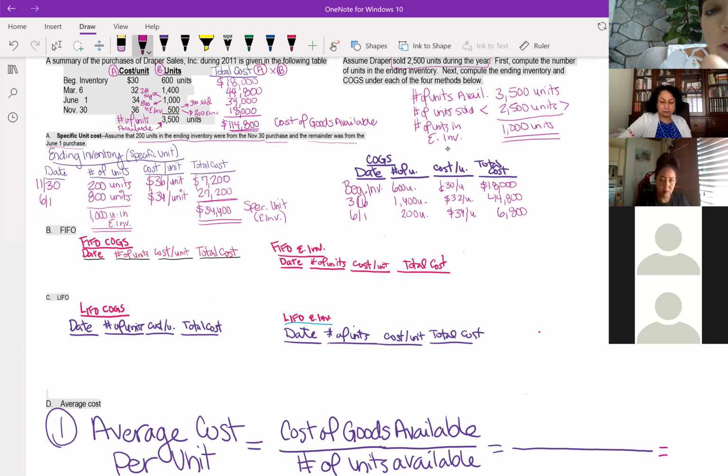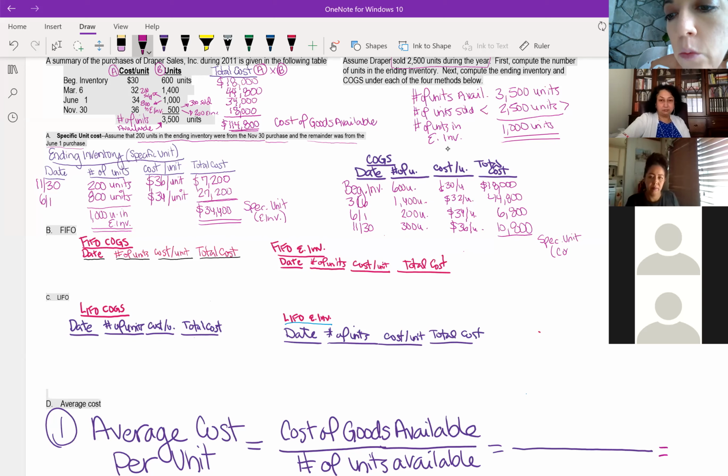So the 300 sold are what we were expensing here. 300 units at $36 per unit. And the cost that you're expensing here for this layer is how much? 10,800.